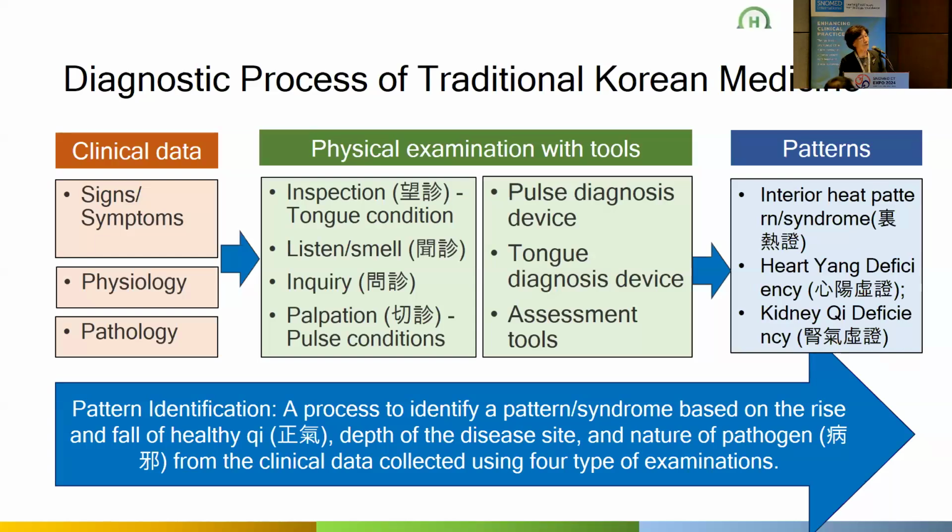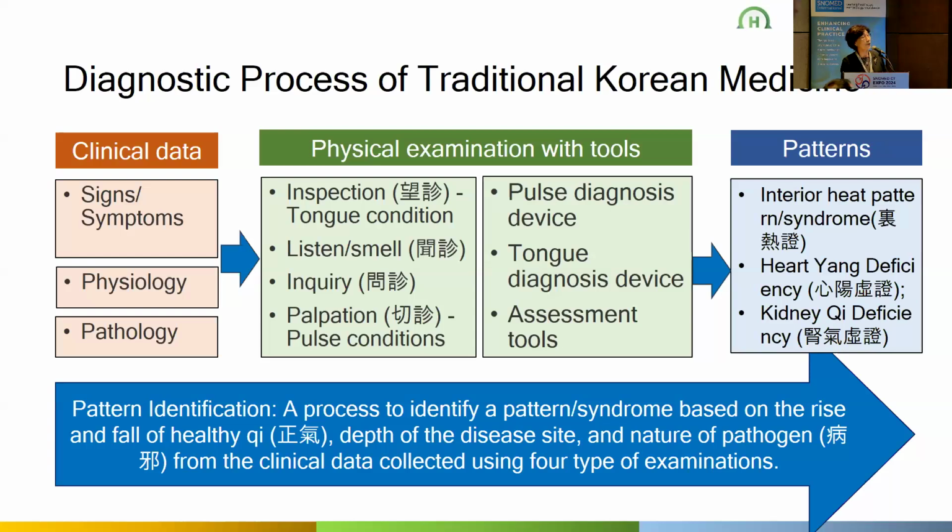And they use different types of tools and assessment tools, for example a pulse diagnostic device, a tongue diagnostic device, and various assessment tools, used not only for traditional medicine but also for Western medicine.